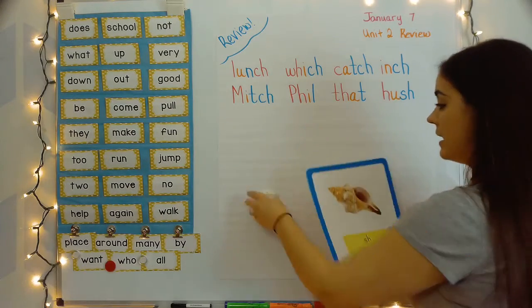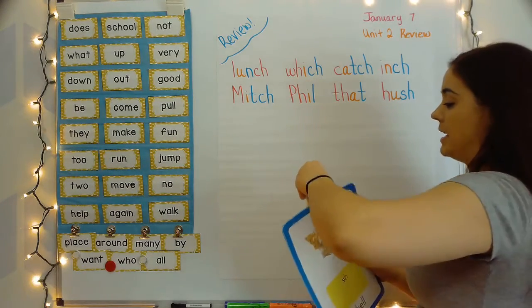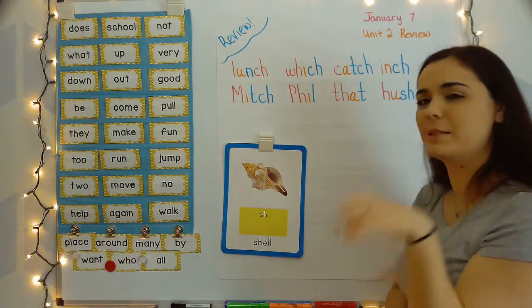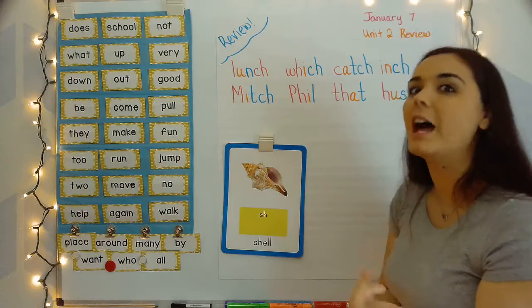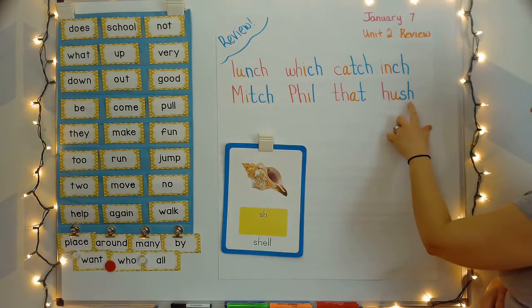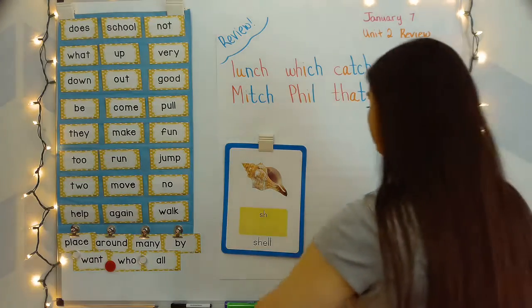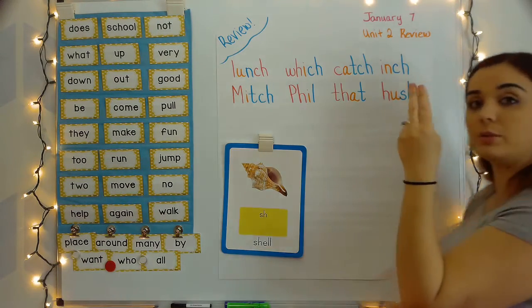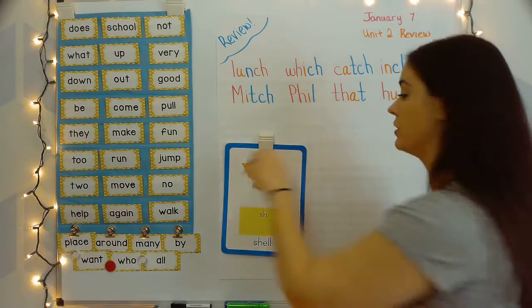So the way that I like to remember SH, and I've said it before, is you just put your fingers to your mouth like you're telling someone shh. It's quiet in the library, so shh. So let's blend. Sh, hush. So again, you don't hear s and you don't hear ha. Those two letters work together to say shh.